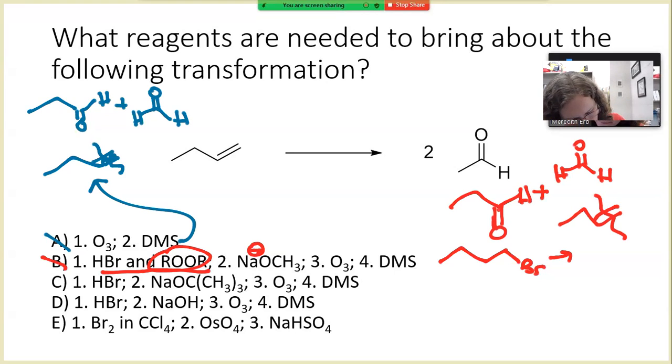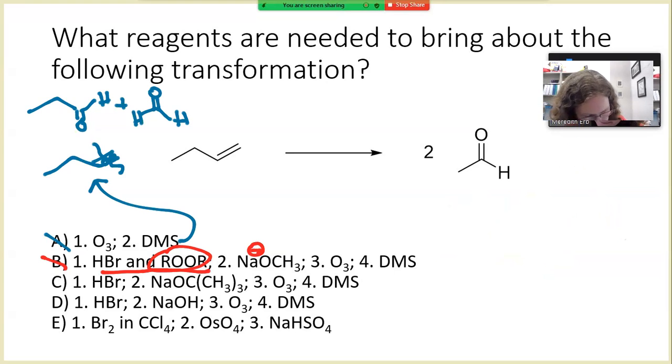I'm going to erase this so I can think about the next couple of reactions. If we take a look at reaction C, here we have hydrohalogenation, but it's going to give us Markovnikov addition now. So we would go from this alkene to this alkyl halide, and then take note of our base.